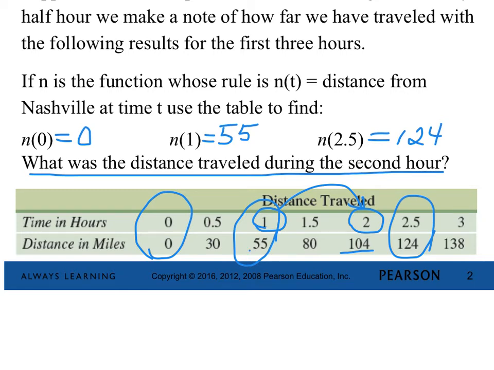And at the end of hour 1, we had traveled 55 miles. So for that 1 hour, which was the second hour of the trip, we had traveled 104 minus 55 miles, which means that we had traveled, I believe that's 49 miles. You can check that on your calculator.